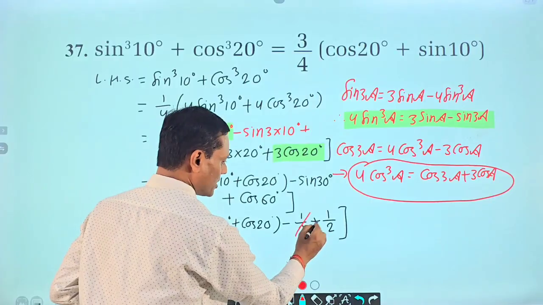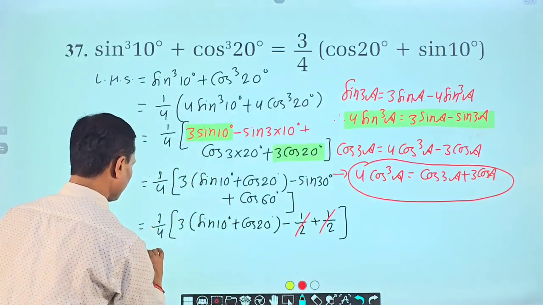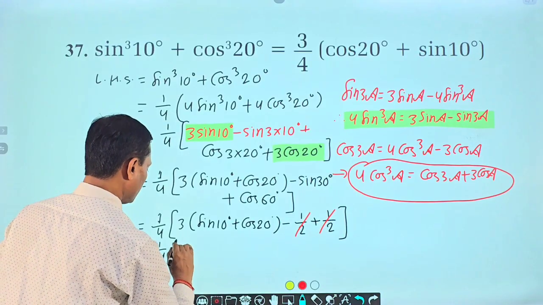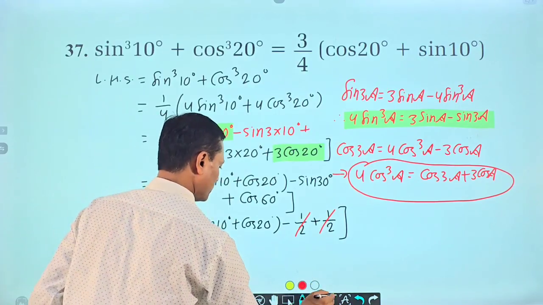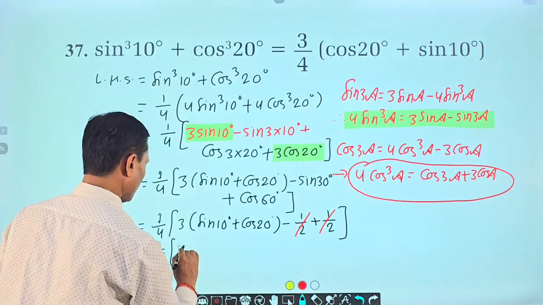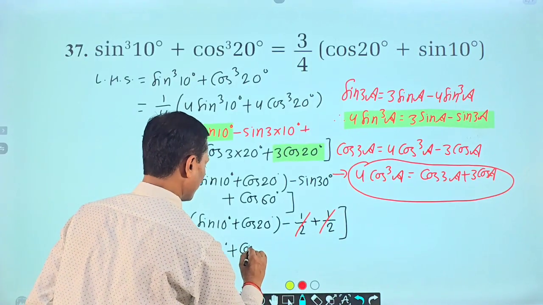Now minus 1 by 2 and plus 1 by 2 will cancel, and remaining we have 1 by 4 times 3 times sine 10 plus cos 20.